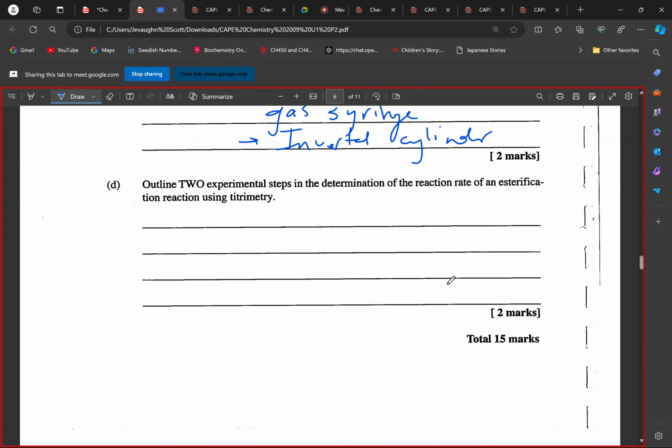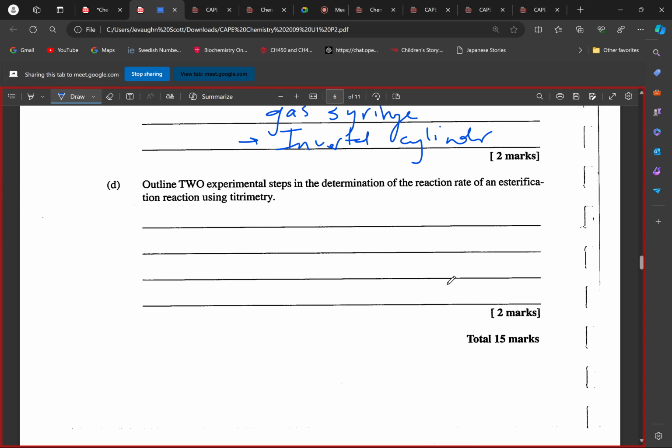So first of all, in order to figure out our endpoint in any type of stoichiometry, and from CSEC we'll have known that esterification involves the addition of an acid and an alcohol, one of my important steps would be adding a suitable indicator to my analyte. That would be one of my crucial steps.